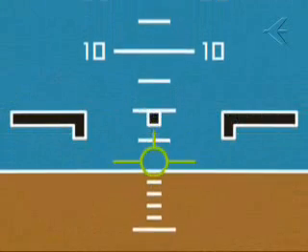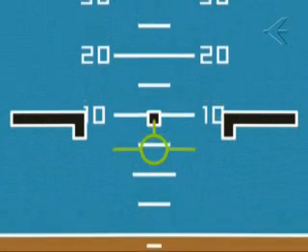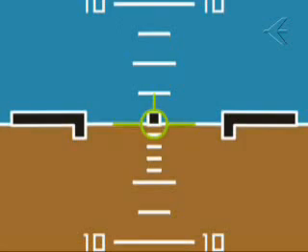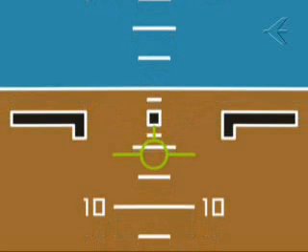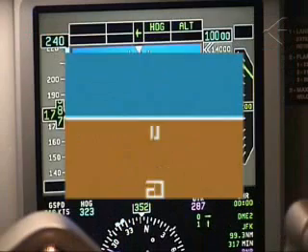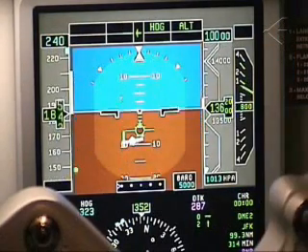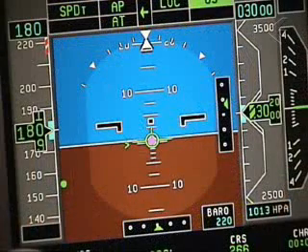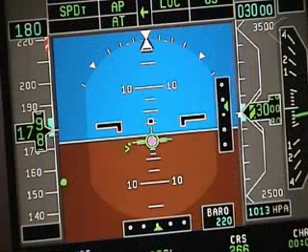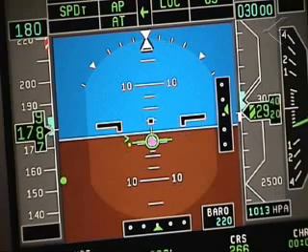For example, if the pilot positions flight path above the horizon line, the aircraft is climbing. If below the horizon line, the aircraft is descending. If the pilot positions flight path to overlay the -3 line on the PFD, then the aircraft is tracking a -3 degree approach angle.